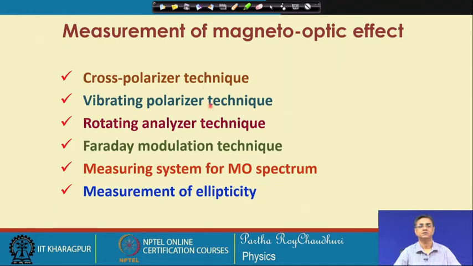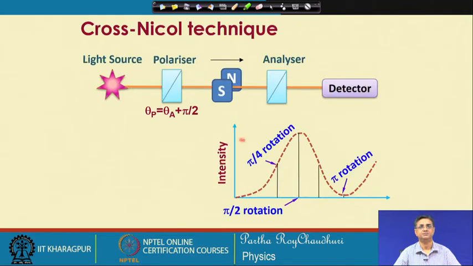Now, we will look at a few methods of magneto-optic measurement using a cross polarizer, a vibrating polarizer, and measurement of ellipticity.